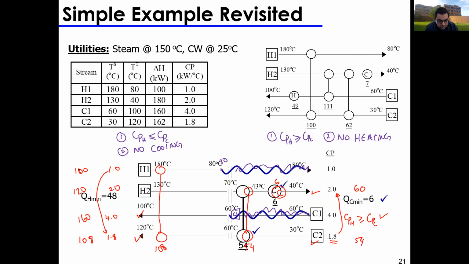Yeah, it's 100. So I actually only provided 100 in this case. So this is fine, I'm able to transfer 100. Now H1 is satisfied, but C1, I still have 8 units of energy left on the stream. Okay, good.